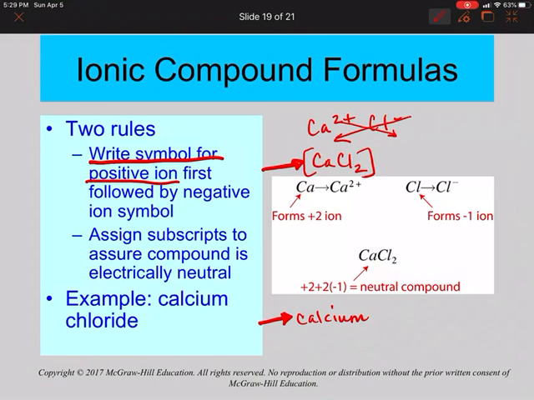So you list the metal first, calcium, and then if you look, it's not chloride on the periodic table, it's chlorine. But whenever you're doing it as a compound, it ends up having that ending "ide." Okay, so calcium chloride.